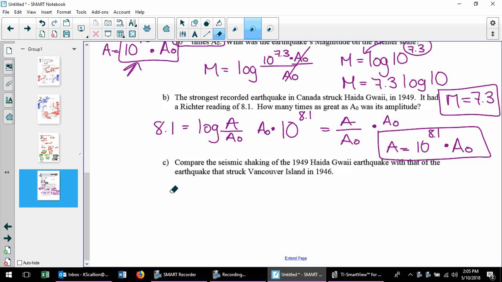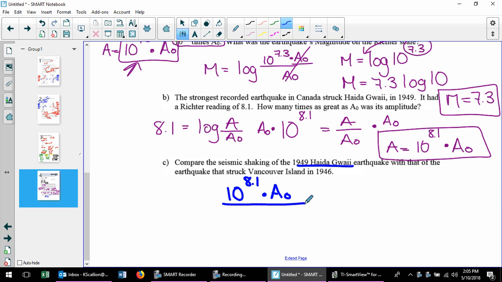That's what they told us to do first. So they said compare this one to this one. So what's going to go on top? This A value. So this is going to be 10 to the exponent 8.1 times A initial over, when you're comparing them, you're going to put them in a ratio, which really just means a fraction. And that's going to be 10 to the exponent 7.3 times A initial.